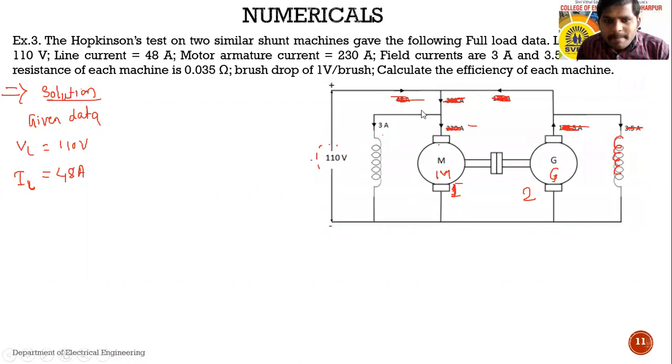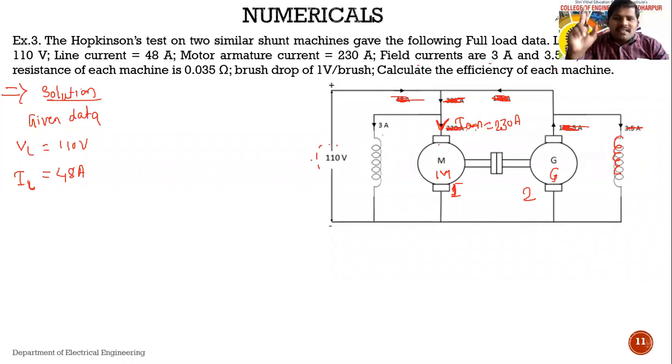See here, if we draw the diagram, it is very easy to represent the current. Which current is given? The armature current of the motor, IA of M. I am writing armature current of motor equals 230 ampere. Field currents are 3 ampere and 3.5 ampere.